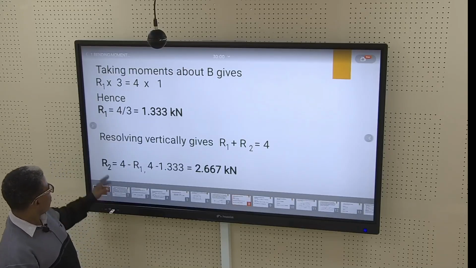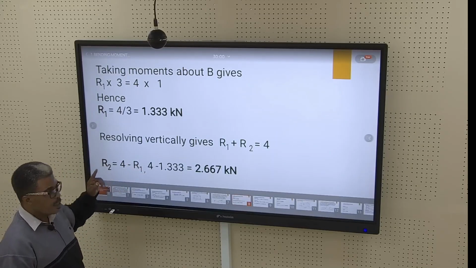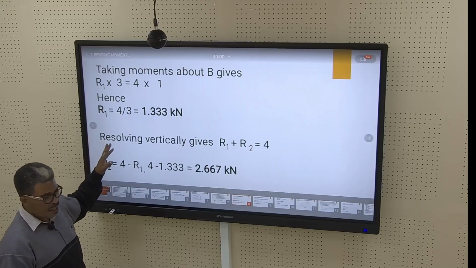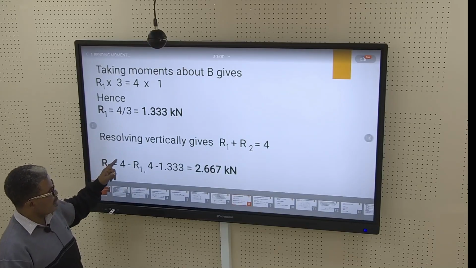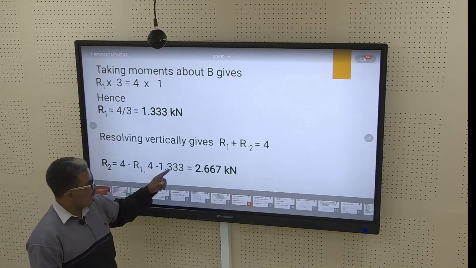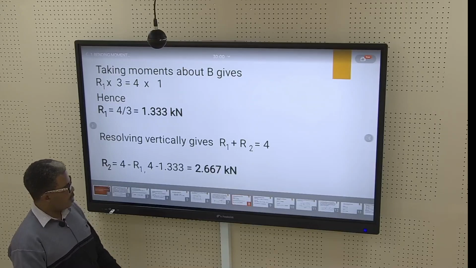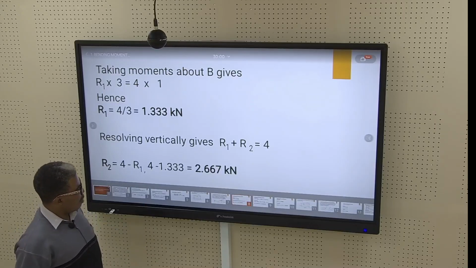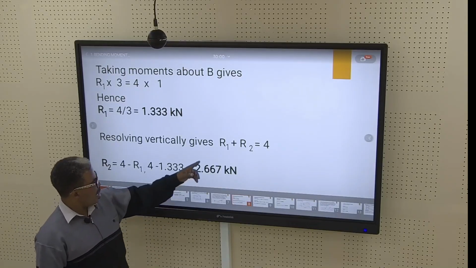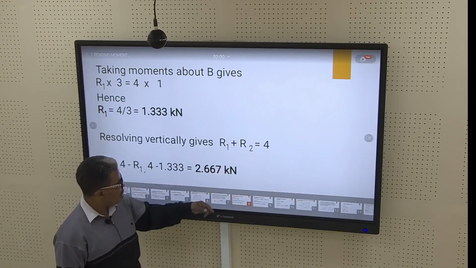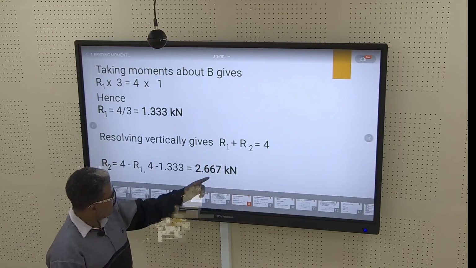So resolving vertically, as we have done for the first case, the second principle of moment, which regards that the sum of the forces acting downwards must be equal to the forces acting upwards. So R1 and R2 are acting upwards, and 4 is acting downwards.